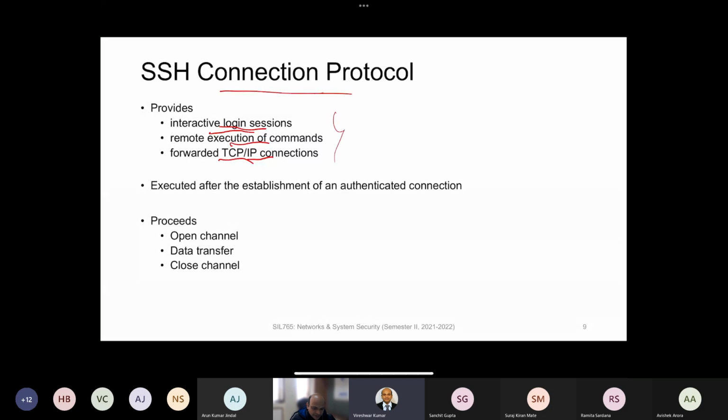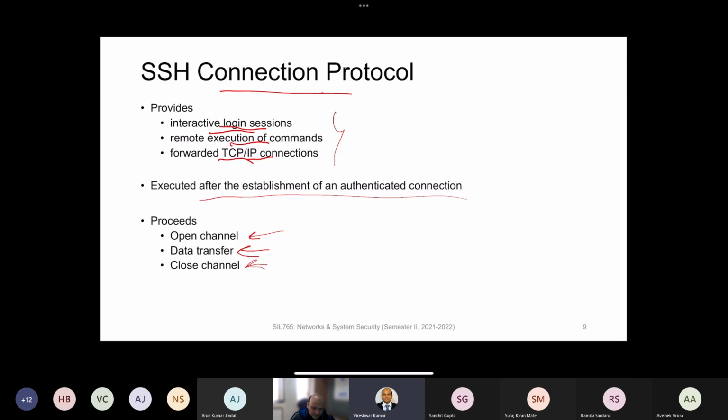These are some of the things that are provided by the connection protocol, and it is executed after the establishment of an authenticated connection. So the SSH transport layer protocol has already been successful, and there are logical connections already in place. Then this protocol will allow for all of them to be multiplexed and work together. Basically how it proceeds, it will just open a channel, and then you will utilize that channel to do the data transfer, utilizing the encryption and authentication mechanism that we have already talked about.